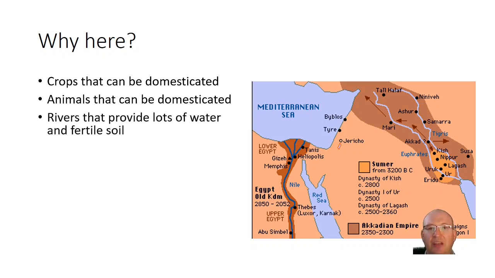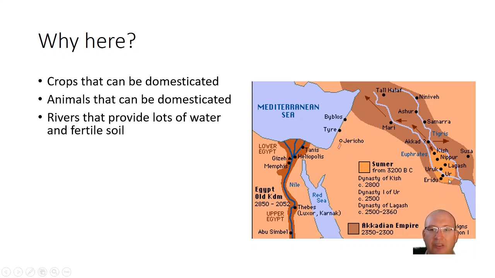In addition, there are rivers that provide lots of water, and we'll talk more about this as we go on, but these rivers periodically flood, and they put out silt that is full of nutrients that plants need to live. So they help make the soil fertile. Well, human beings, crops, and animals all need water. So these are some ideal areas, right?